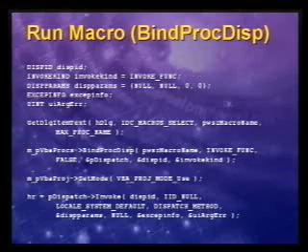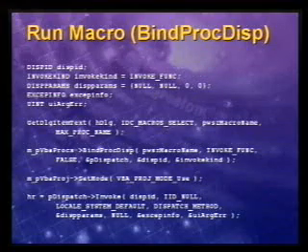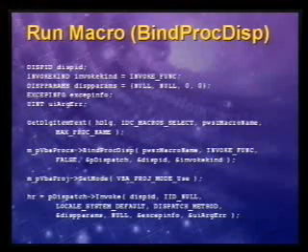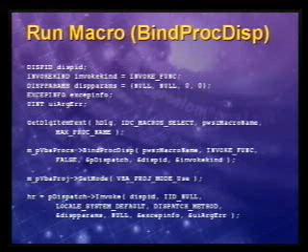If you take a look at the iVBA procs interface, you can call bind proc disp. You can pass in the name of the procedure. You can ask whether you want it to be a property as opposed to a method. And we'll return back the iDispatch, the disp ID, and the invoke guide for that particular method or property.